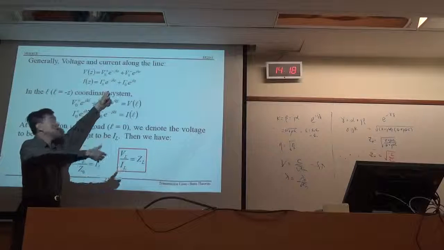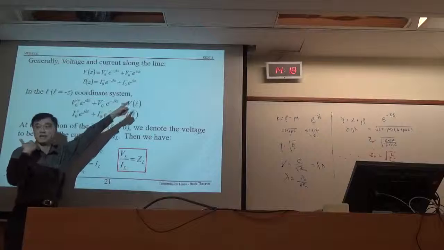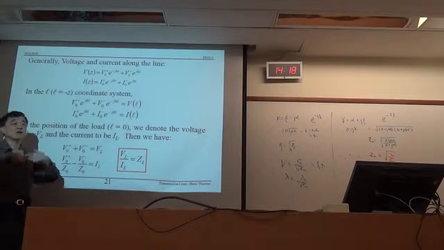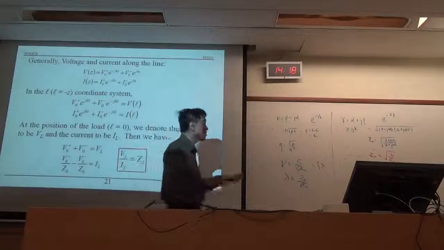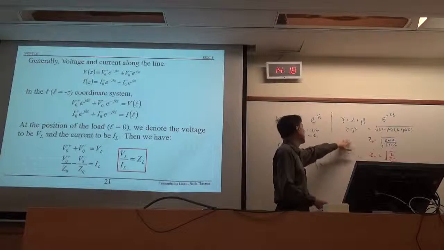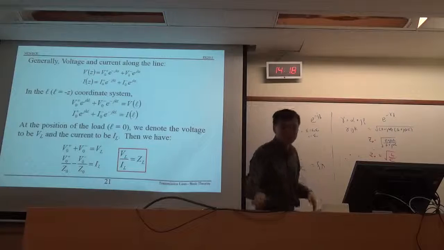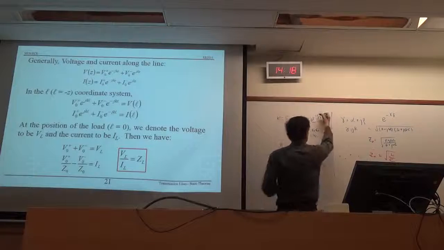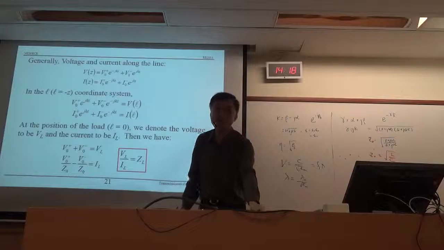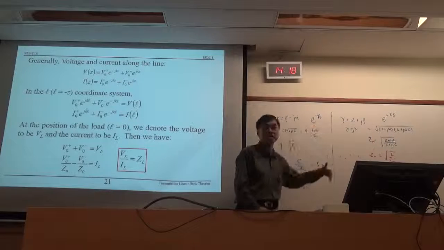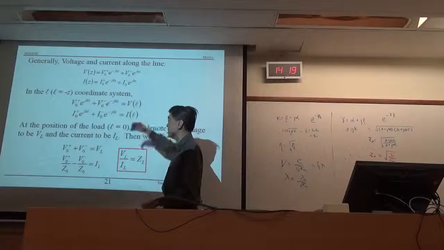Forward wave is e to the minus jkz, backward wave is e to the plus jkz. Because we are using a lossless line now, we revert back to the k notation, e to the minus jk notation.